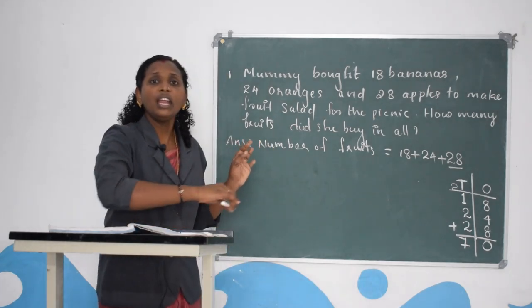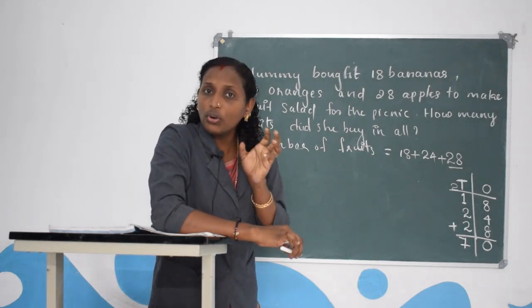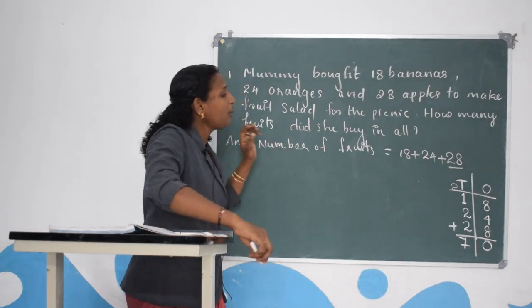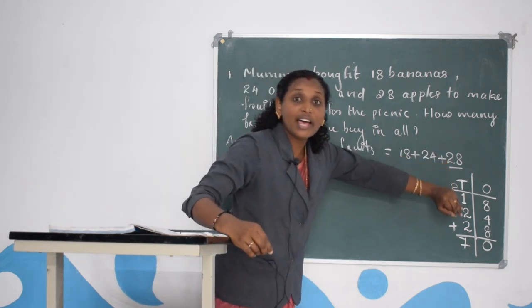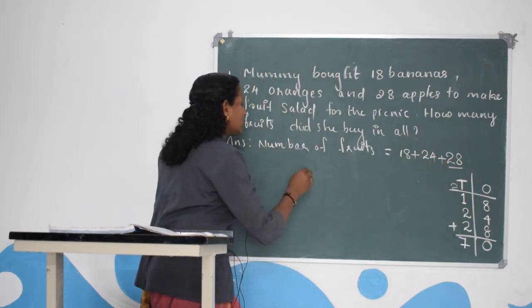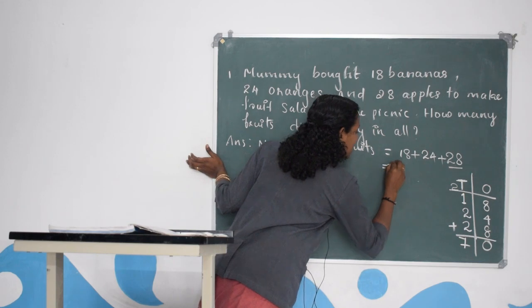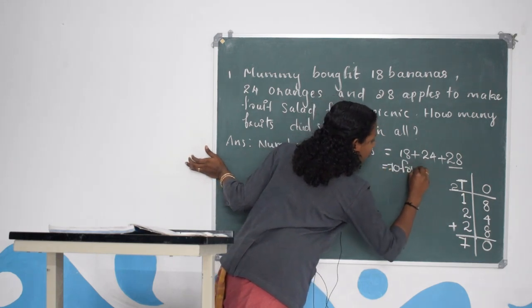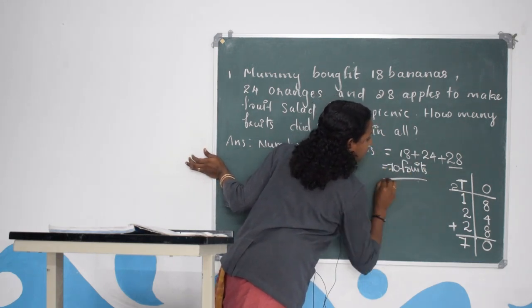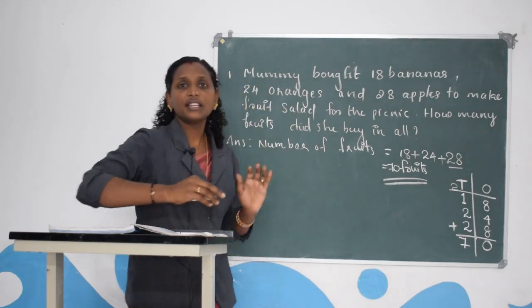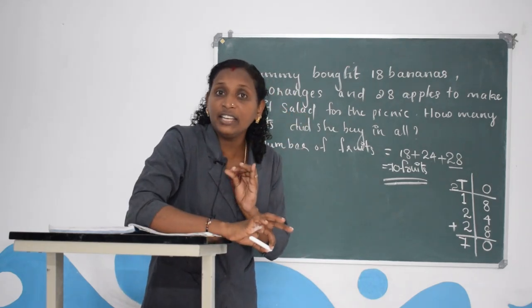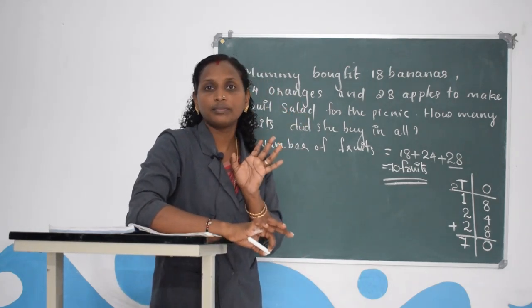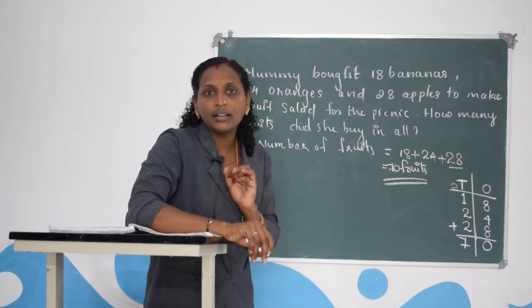So the total number of fruits is 70. It has 70 fruits. All of you clear? Clear.